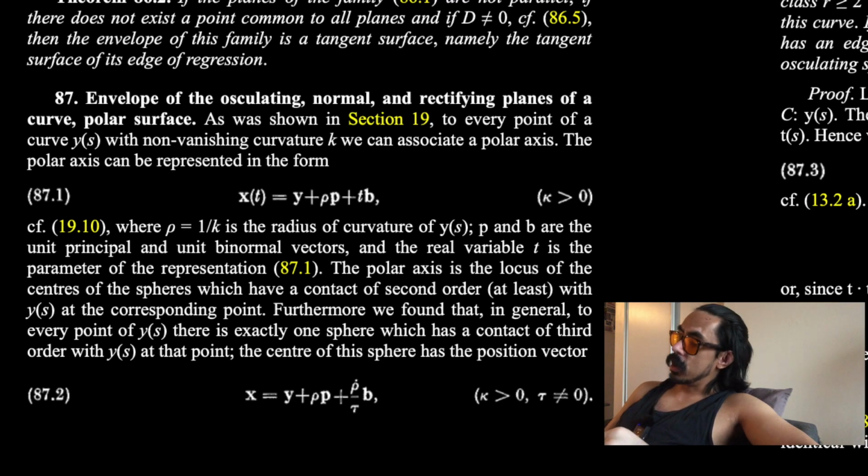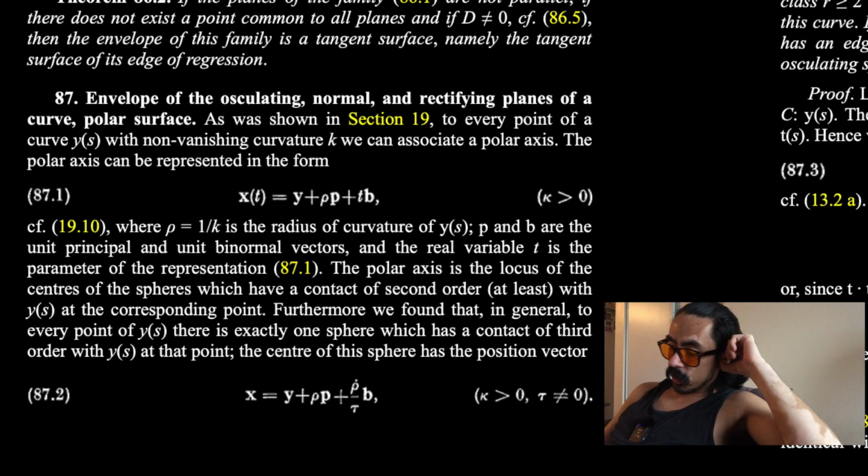T cross P equals B. Moving on, where rho equals 1 over kappa is the radius of curvature of y of s. So that's another reminder, the definition of curvature is just the reciprocal of the radius of osculating circles or osculating spheres. Vectors p and b are the unit principal and unit binormal vectors.